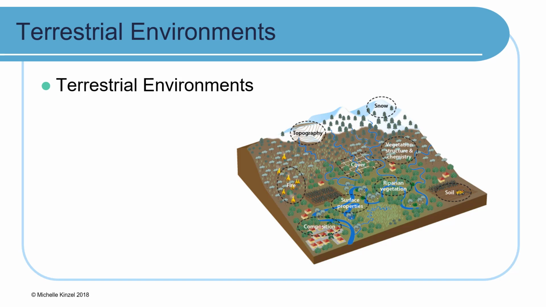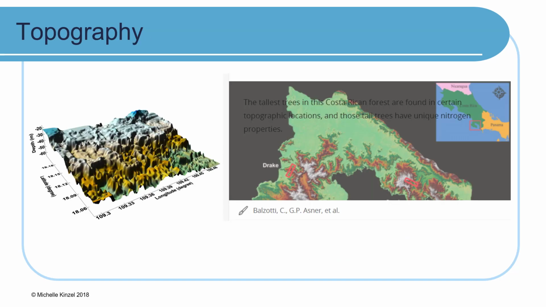We have vegetation structure and chemistry, which is useful for ecological studies and agriculture. We already talked about soil. Again, very important not only for ecologists but for agricultural applications. We have riparian vegetation, surface properties, and composition and cover in the center, and then finally fire analysis.